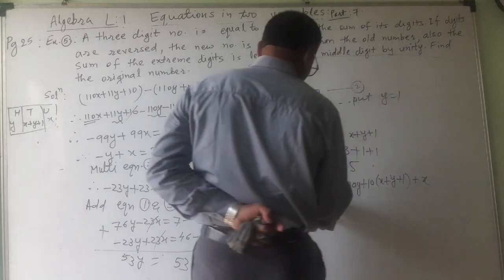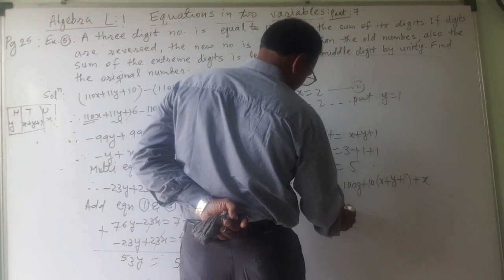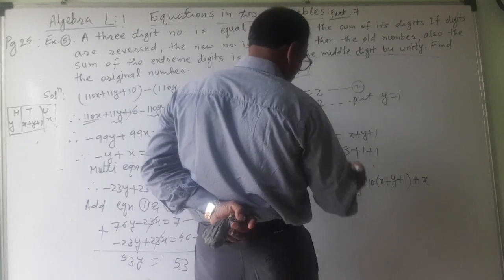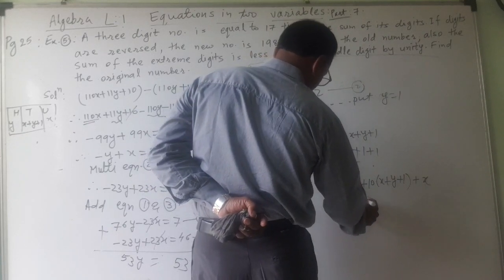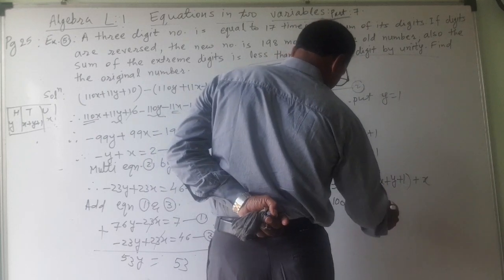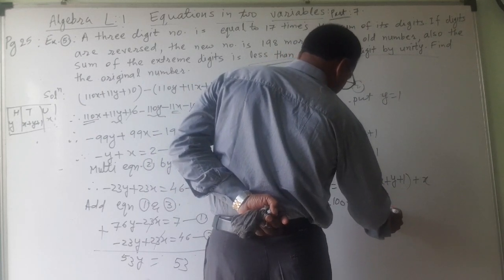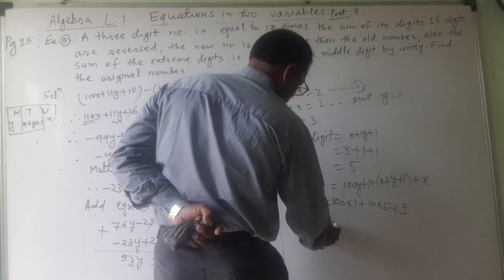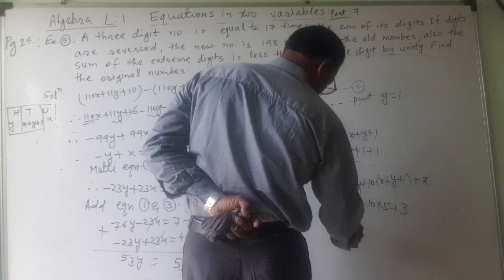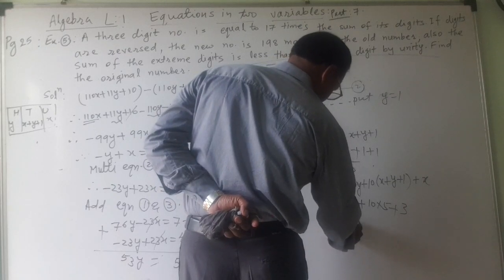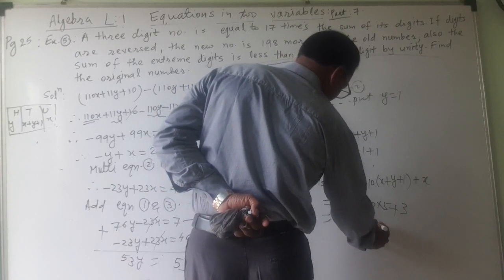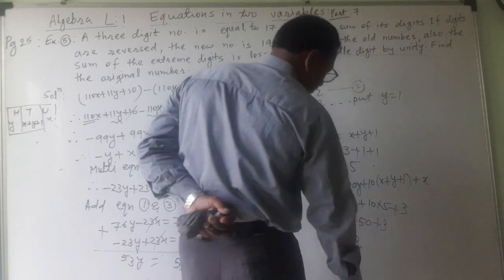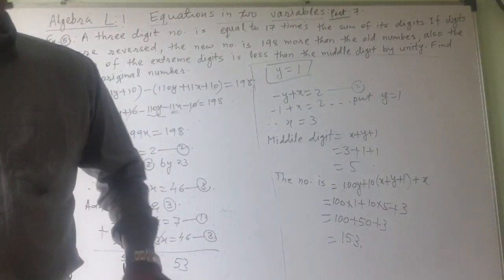That is equal to 100 into value of y, which is 1, plus 10 into this value, which is 5, and plus x is 3. This is equal to 100 plus 50 plus 3 and that is 153. This is that original number.